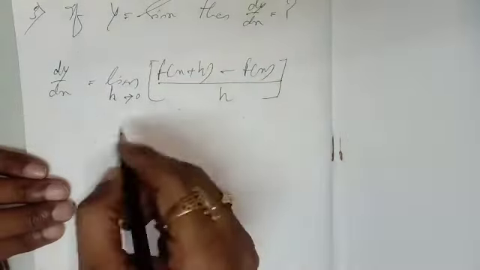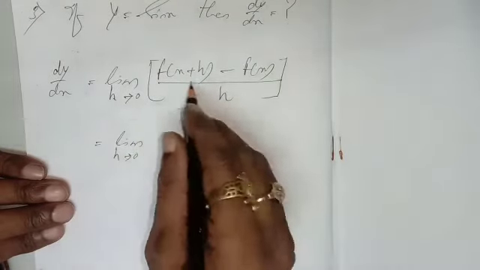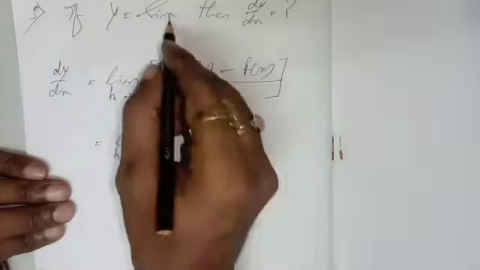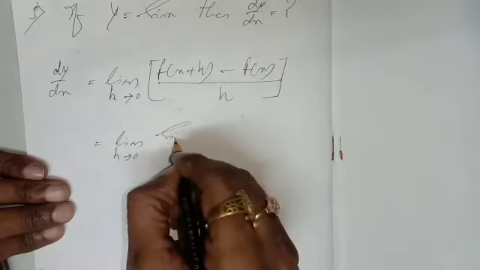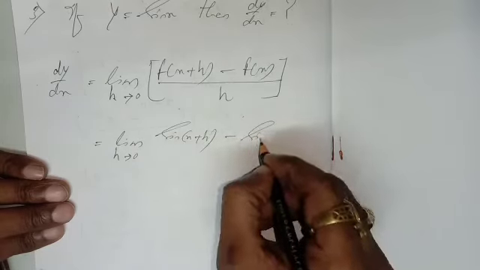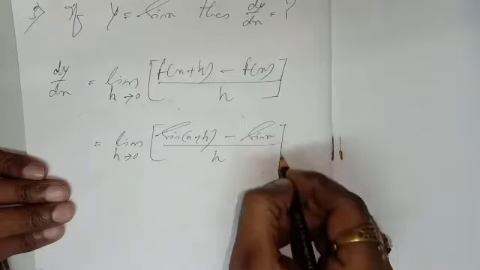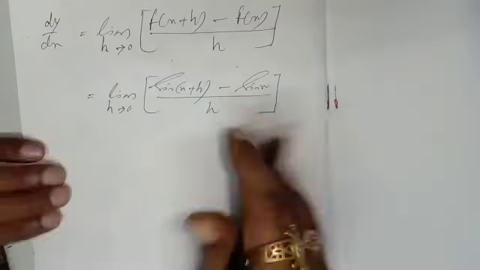Now limit h tends to 0. f of x plus h means this x is replaced by x plus h, that is sin(x plus h) minus sin x, by h. After that you have to apply the sin c minus sin d formula here.